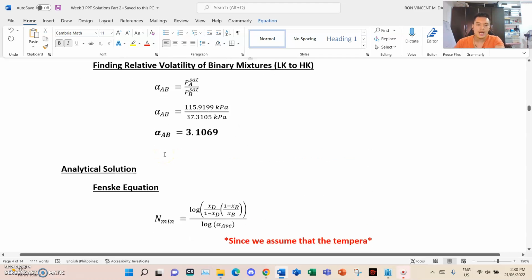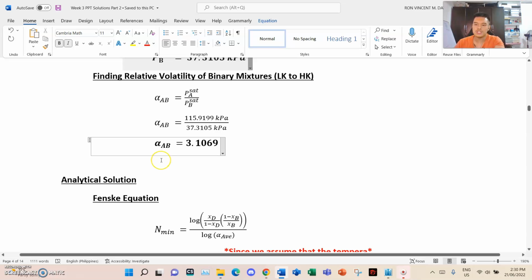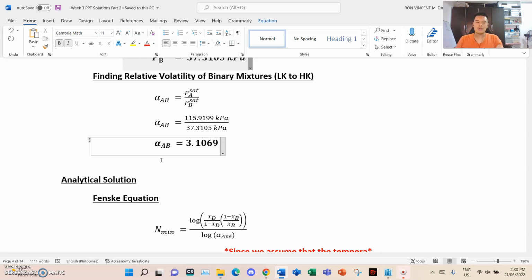So, how do we find the minimum number of stages using hand calculations? There is a graphical and analytical method. Rather than doing graphical, which will take a lot of time since there are a lot of conditions we need to satisfy, an analytical method uses just one equation to solve the entire problem all at once. This equation is what we know as the Fenske equation.